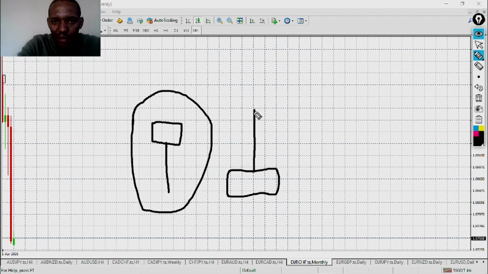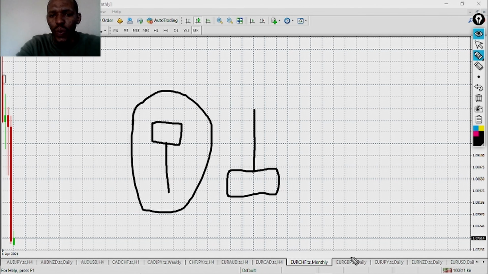So sellers came in and took control of everything. This candle tells you that sellers have the power. Sellers are now entering the markets, and sellers are the ones with the higher leverage. So when you see this candle right here, it's time for you to sell, taking your shorts at this place here.